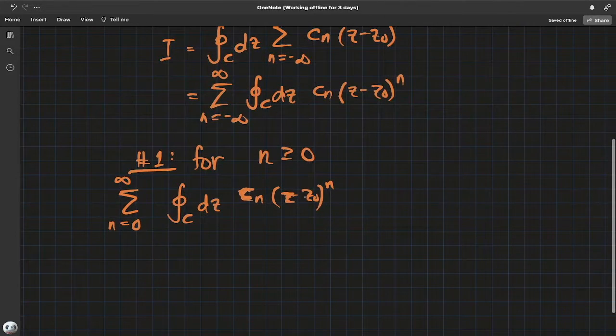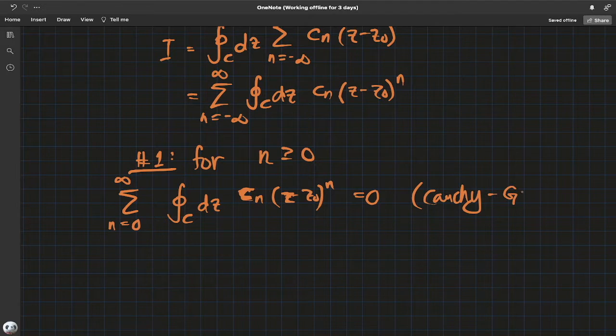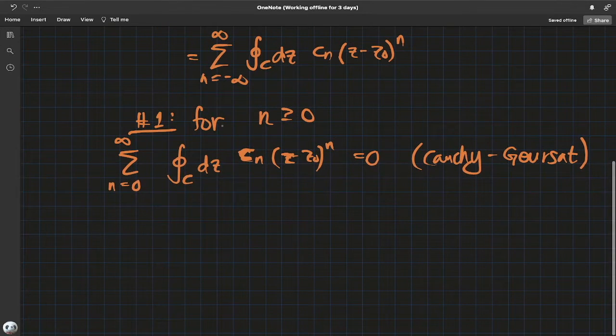But if it's in the numerator, and c sub n is just a constant coefficient, then our integral will always be 0 because of Cauchy-Goursat, as there are no poles and no singularity, as long as z minus z0 is in the numerator, which holds true for n greater than or equal to 0.